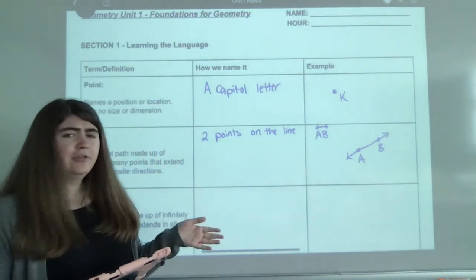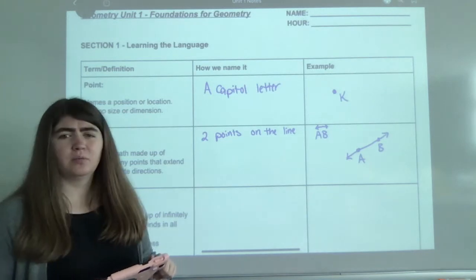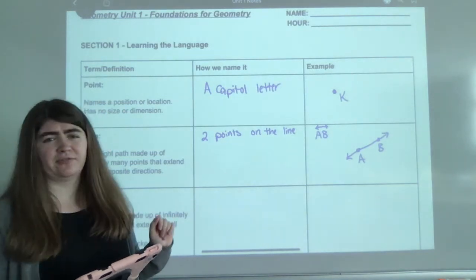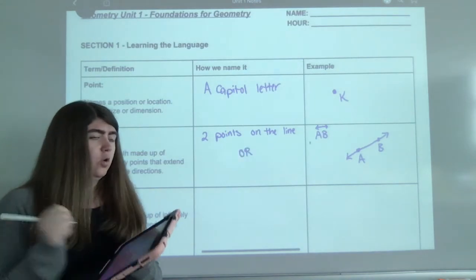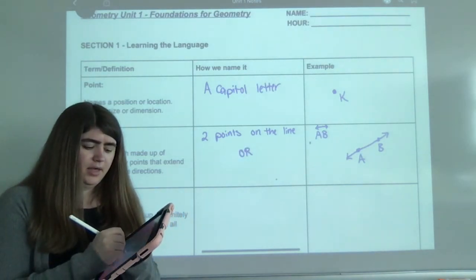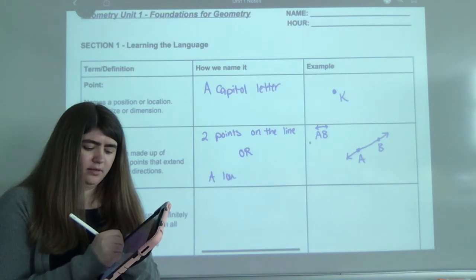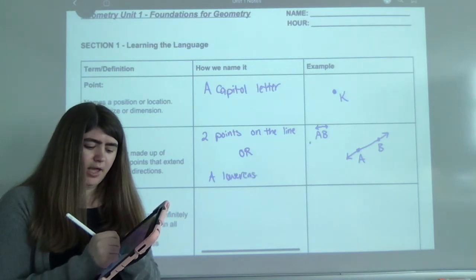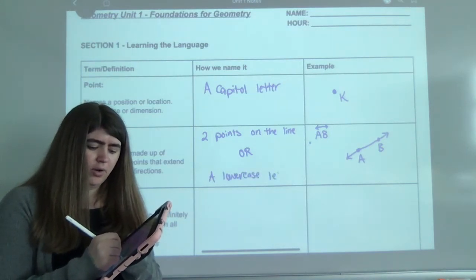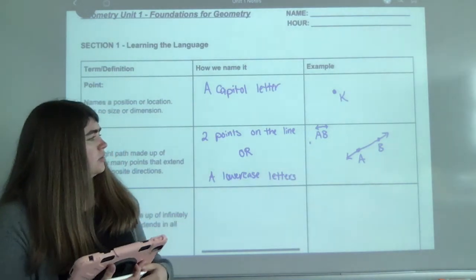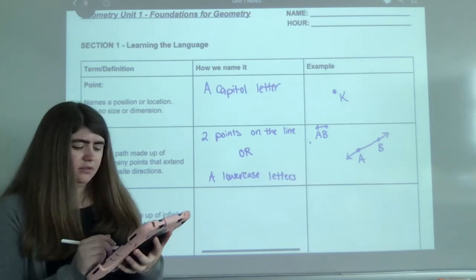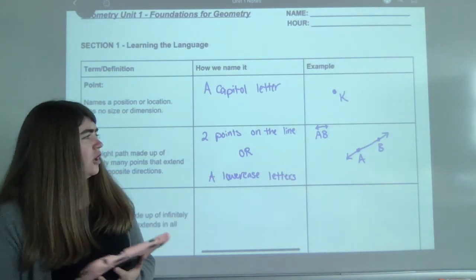All right, so what if you don't have any points highlighted? Well, then you have the other option for naming a line, and that would be to use a lowercase letter. So capital letters are for points, lowercase letters are for lines, and we're going to put a lowercase letter on this line for our example.